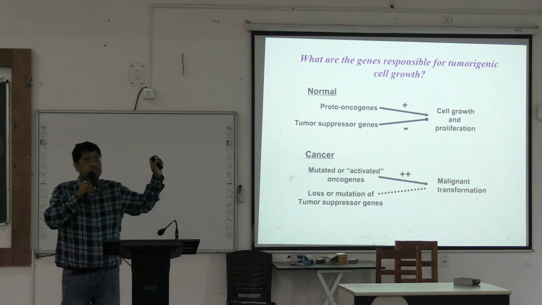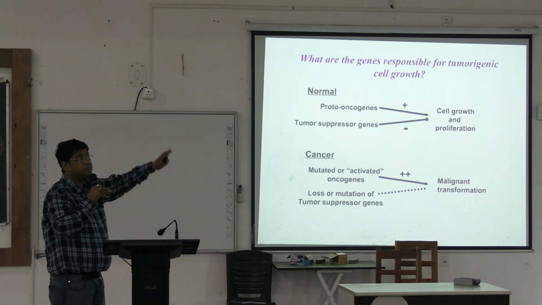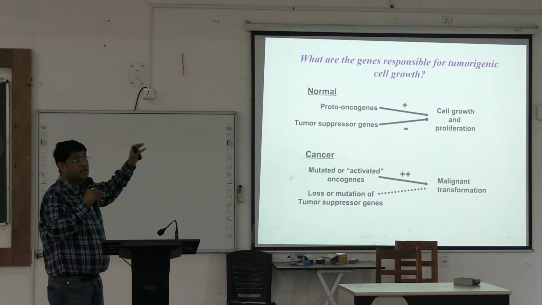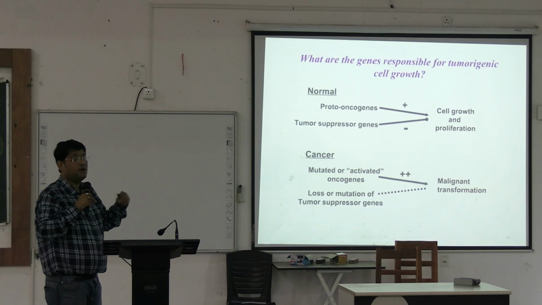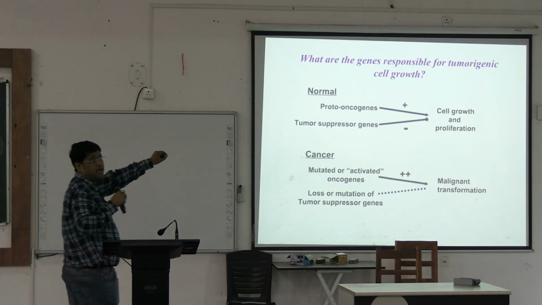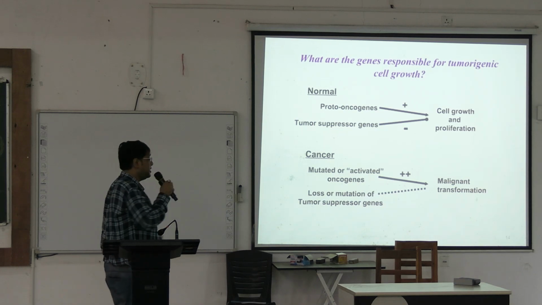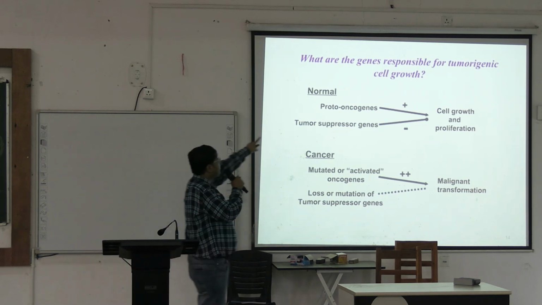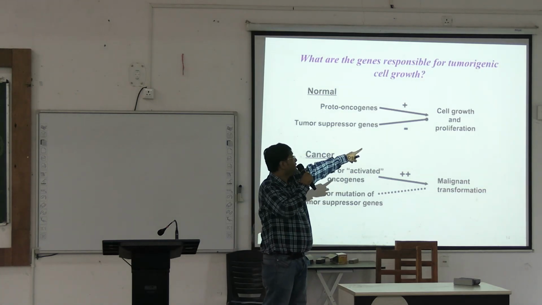So this is the mechanism in a nutshell, what we were discussing. This slide is for you to remember and write in your copy. When you are answering the mechanism of oncogenesis, you will write this way, very simple, less to write and very easy to remember. Proto-oncogene is activated, leading to cell proliferation.